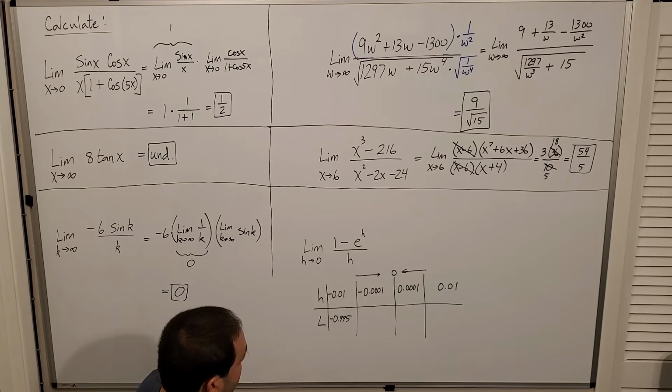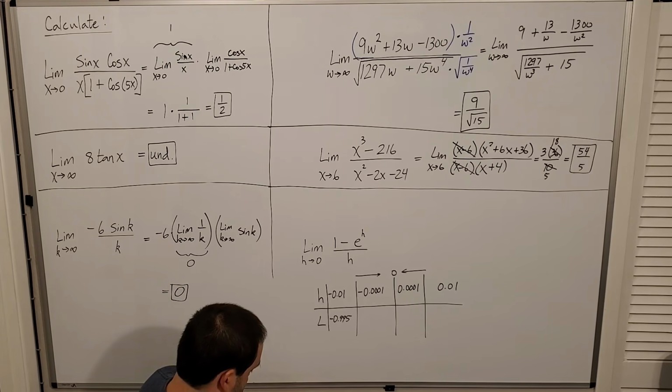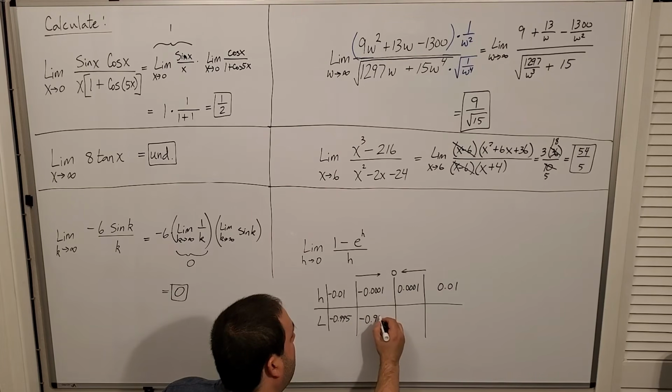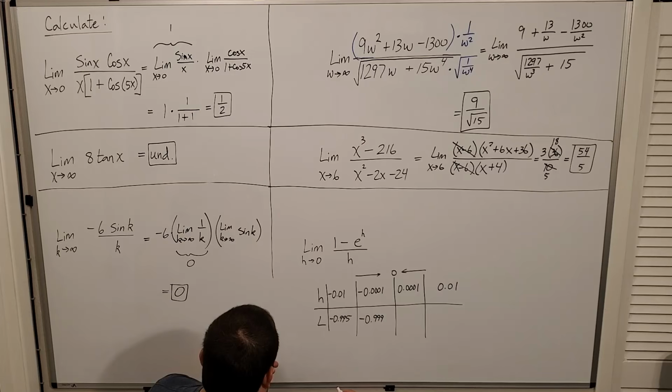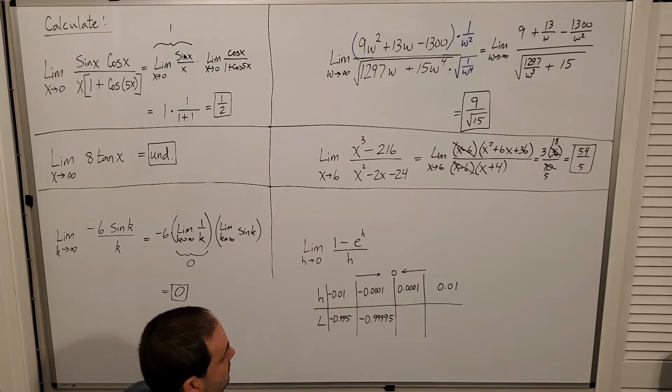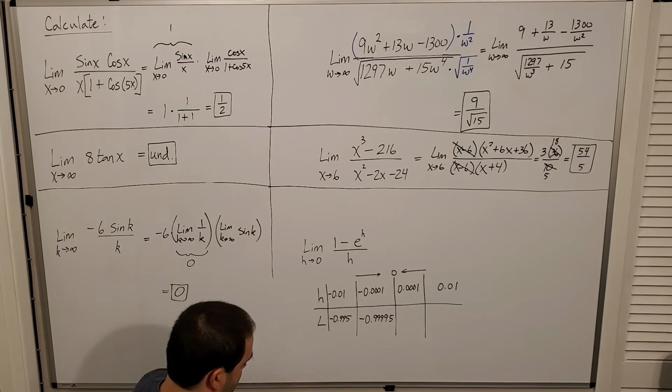Okay, so then we can repeat. We just put in some more zeros. And I get negative 0.99995, like so. Okay. Now I'll just go back and I'll take out the negatives.